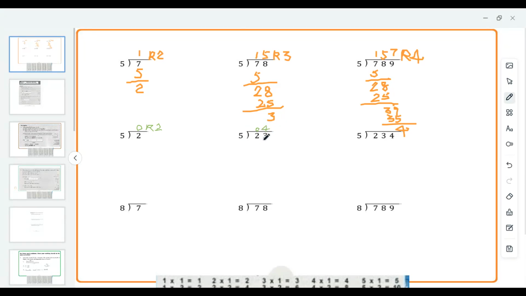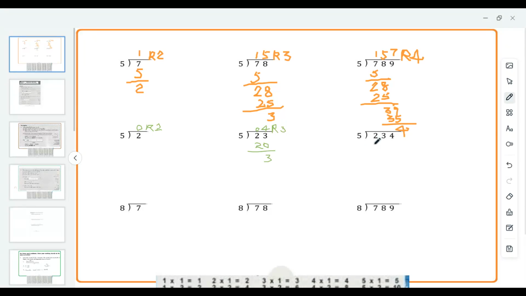So 4 5 equals 20. 23, take away 20, left is 3. Left over is 3. 3 is too small for 5, so we call this the remainder. So left over is 3, remainder is 3. Okay, we can't divide them anymore, so we just say that's a leftover.